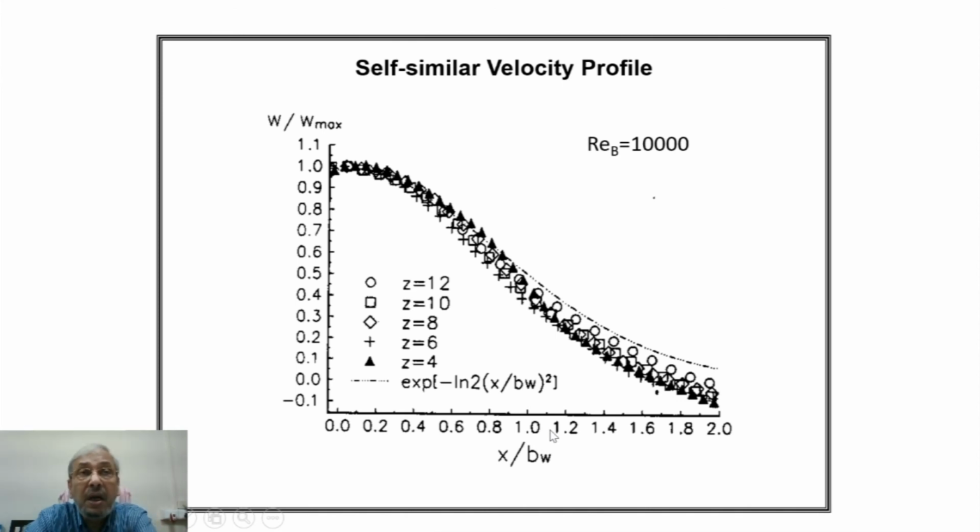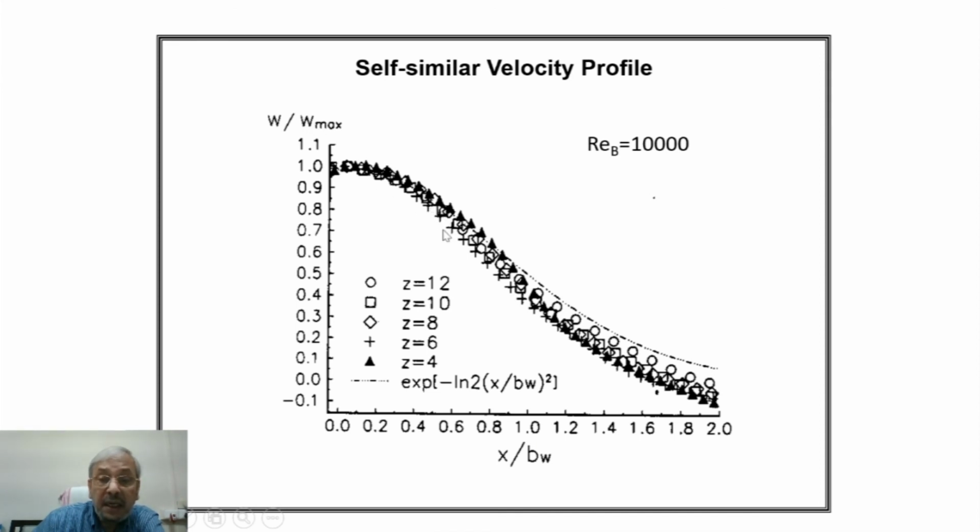This is called half jet width, that means the distance where the W max is exactly half. So this is x by half jet width versus W by W max.